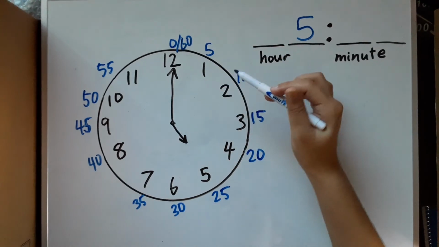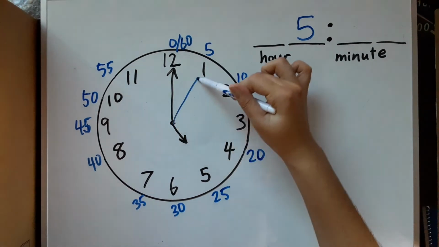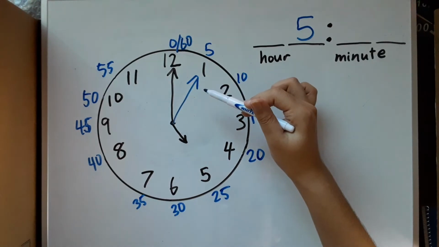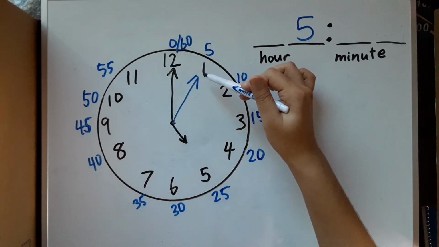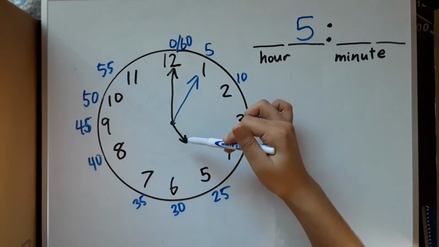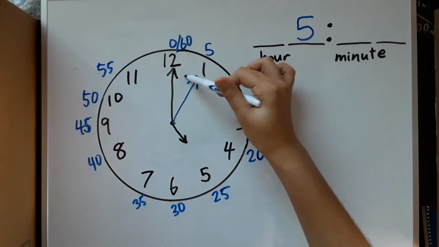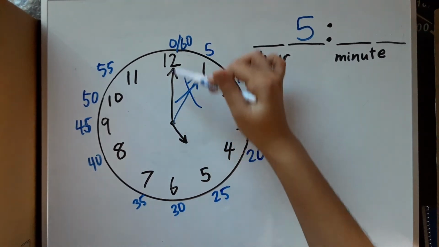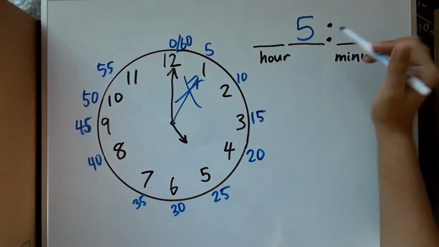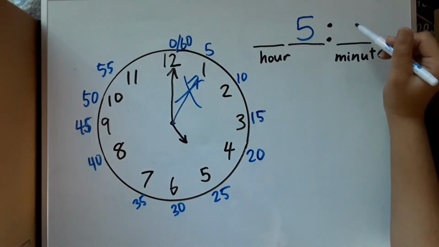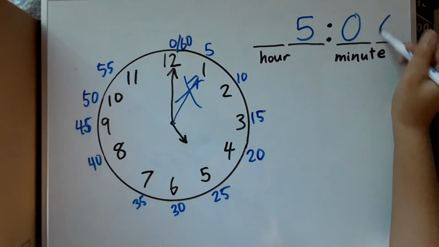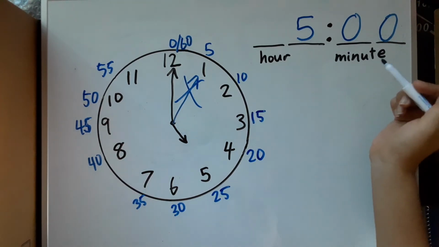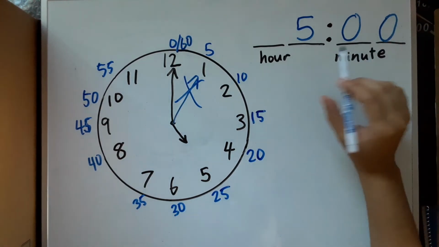If the arrow was, say, at the 1, like this, we would read it as 5 minutes have passed since 5 o'clock. But since it's not right here, we know this to be 0. So we would write the minute part as 0, 0. As I've said, this would be read as 5 o'clock.